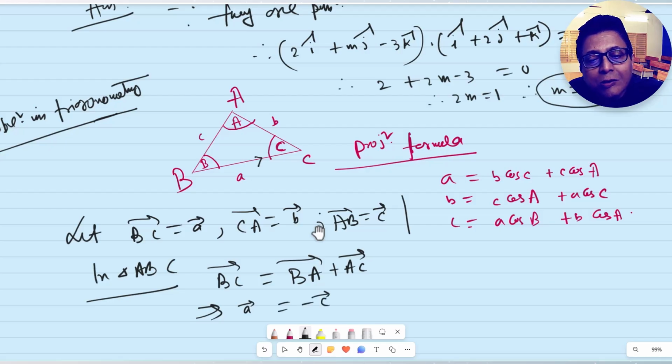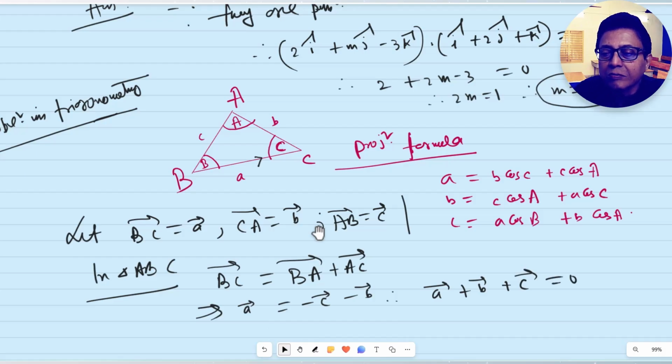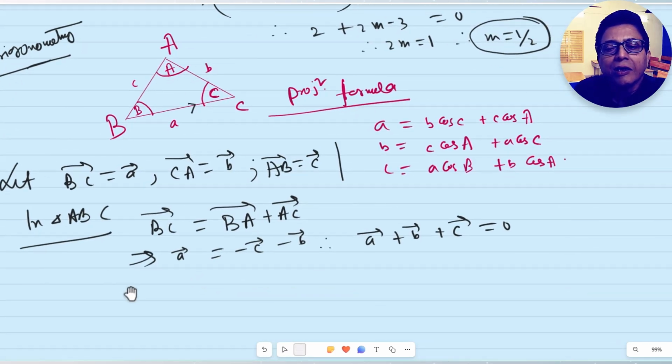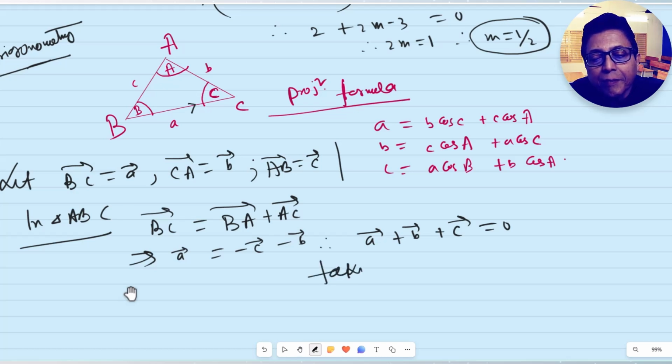Minus C, opposite, and this is minus. Therefore, A plus B plus C is going to be 0. This is true. Now, what we will do here is take the dot product with the vector C.